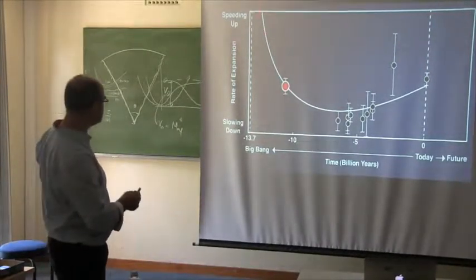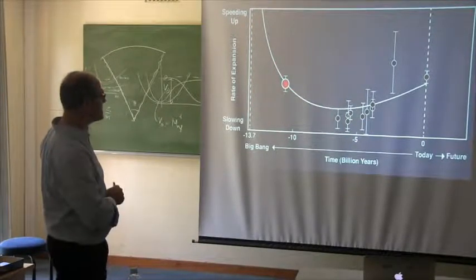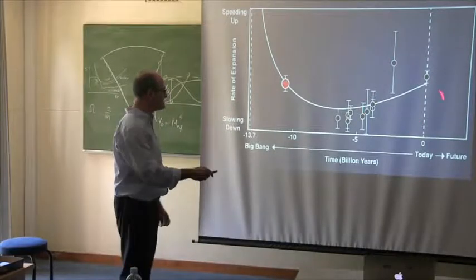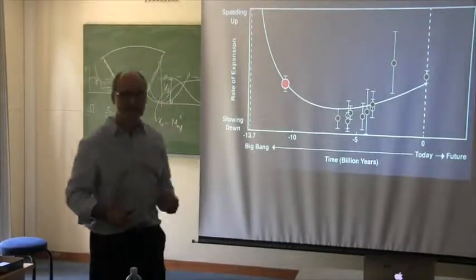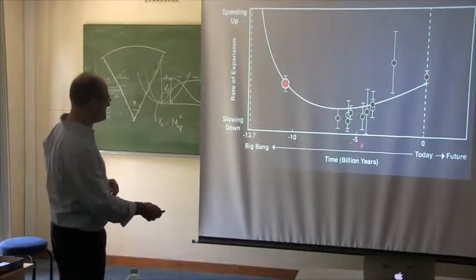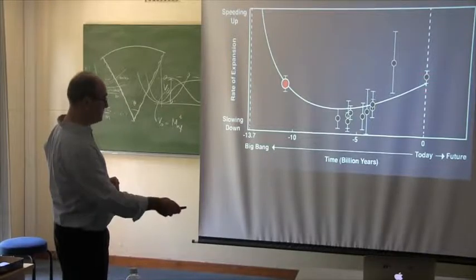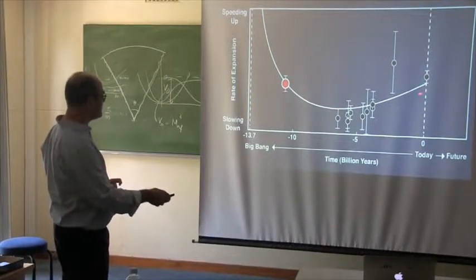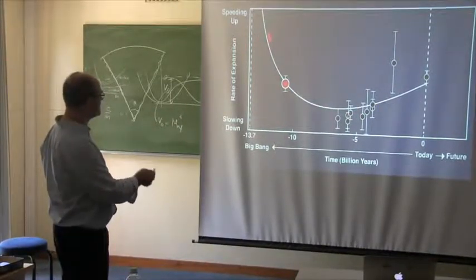And this bump gives you a scale, and therefore gives you the value for the rate of expansion. So all the data points that we had until recently, except for this point, were due to the distribution of galaxies in the near universe, say 5 billion years ago. Now, from redshift 2 or so, from the absorption lines, we can get from quasars not the period of acceleration of the universe, but the period of deceleration.